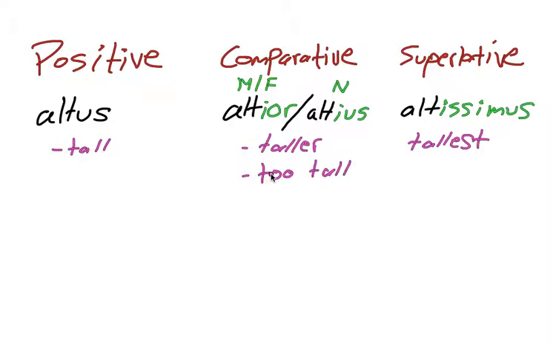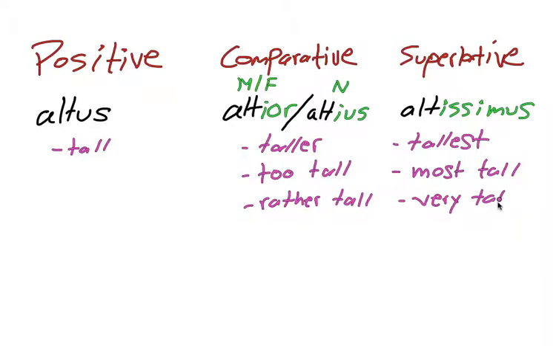Okay, you can use too, or it could also be rather. You could say he's rather tall. Okay, but the basic definition is taller. And the superlative also can have other translations, so you could say most tall, or you could use very, very tall. Those are acceptable translations for the superlative.